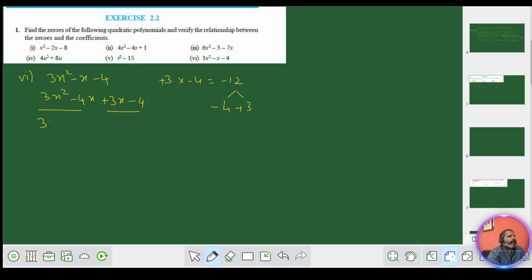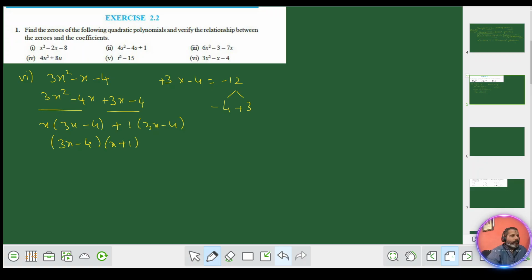Then take common here. x is common. x into 3x minus 4 plus 1 into 3x minus 4. The factors are 3x minus 4 and x plus 1.